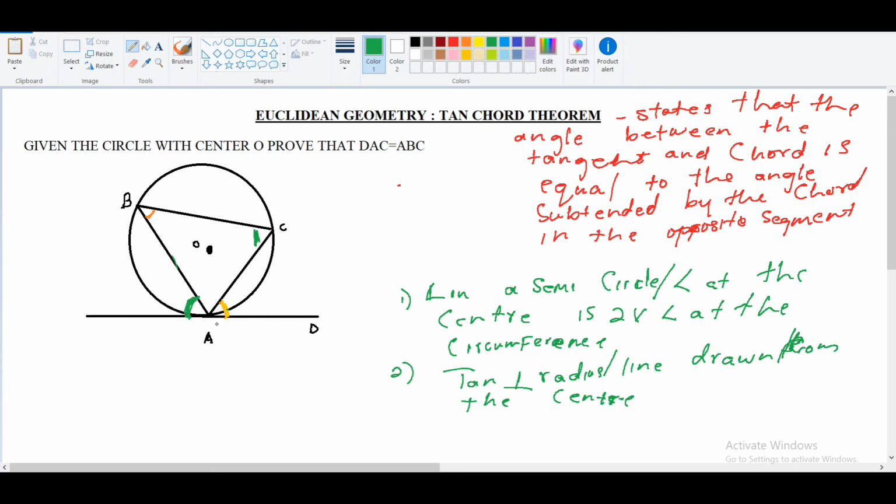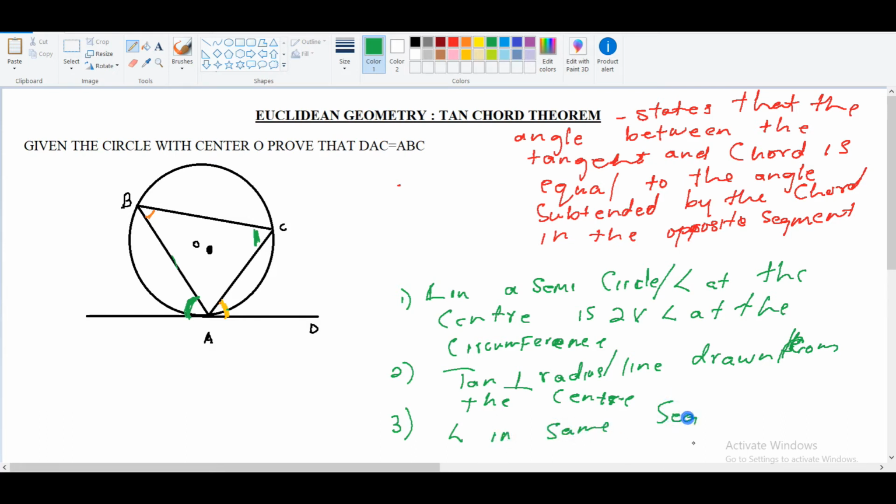So if there's a line that is through the center and is meeting the tangent, the angle that will be created there is 90 degrees. Remember that. And number three, we need the theorem of angles in the same segment.